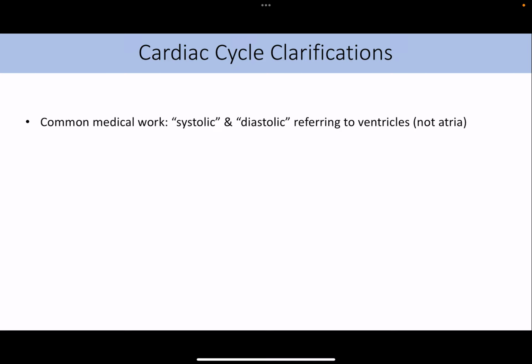If I'm ever talking about that, I will specifically say atrial systole, or atrial diastole. But if you ever hear those terms alone, just systole and diastole, we're talking about the ventricles. Okay, we're mostly going to be talking about the ventricles.